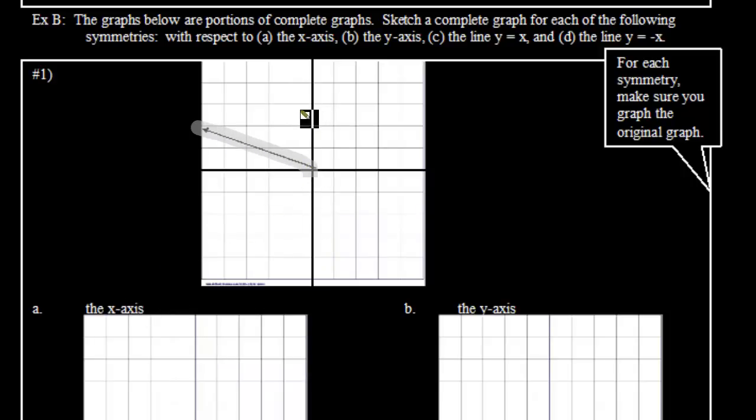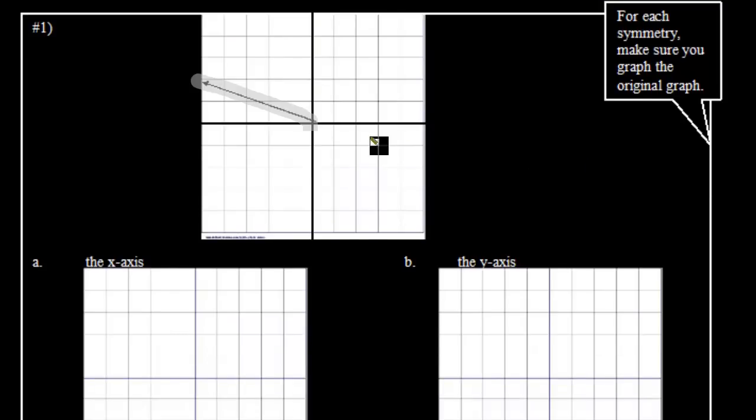So for part A, I want you to make a complete graph. Now a complete graph is going to include the part that you already see there. If you notice, it starts at the origin, and then if you go left 1, 2, 3, 4, 5 and up 2, there's another point. So if I go left 5 and up 2, looks like I'm about here.